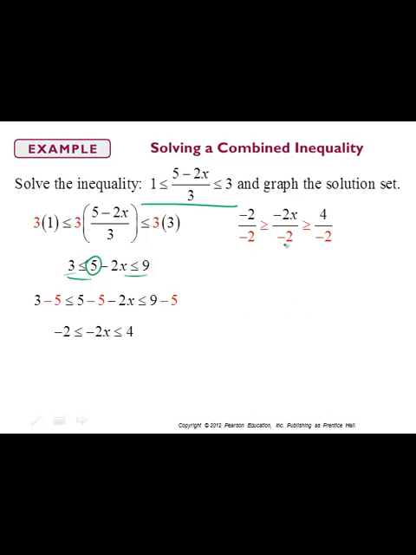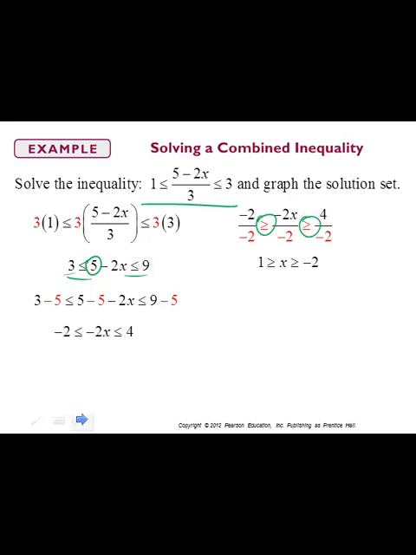And remember, when you divide through by -2, that reverses the direction of the inequality symbols, giving us 1 greater than or equal to x greater than or equal to -2.